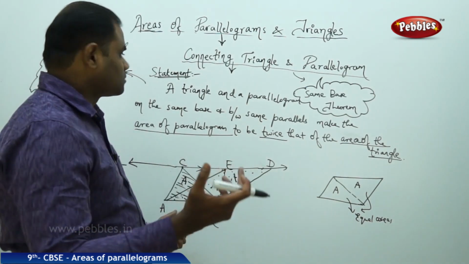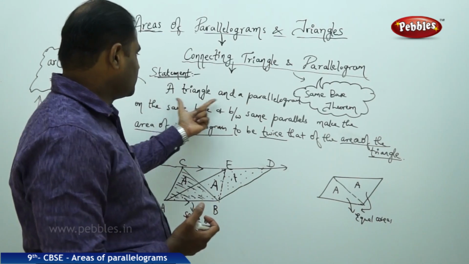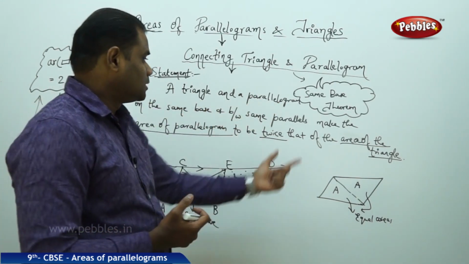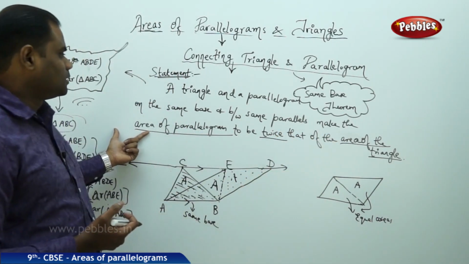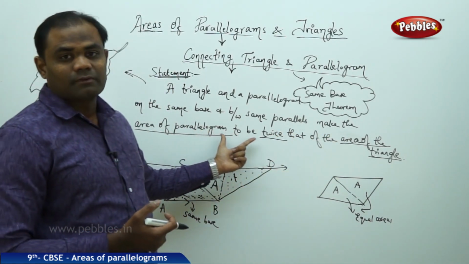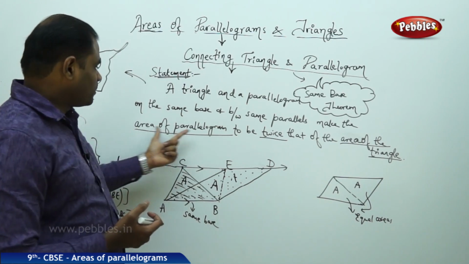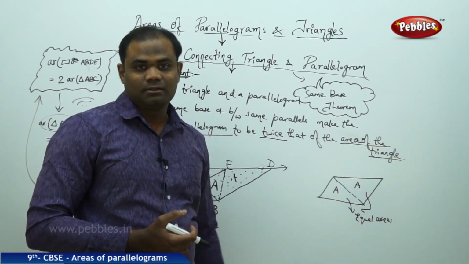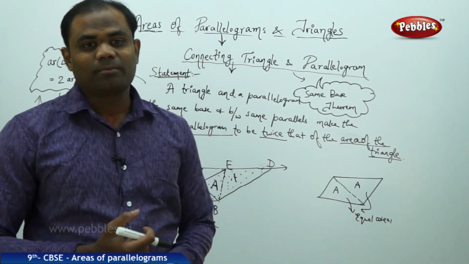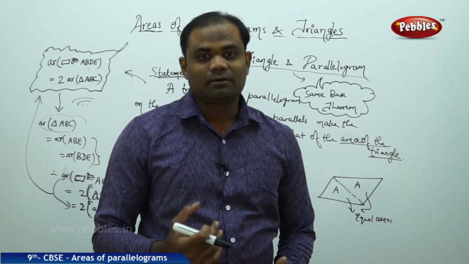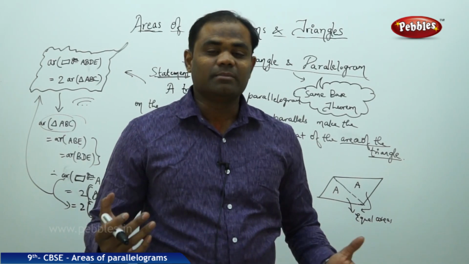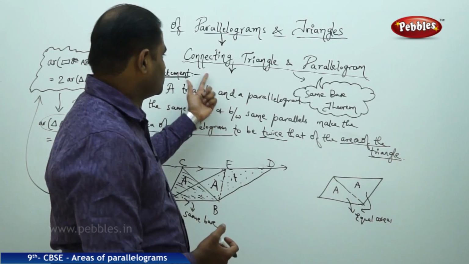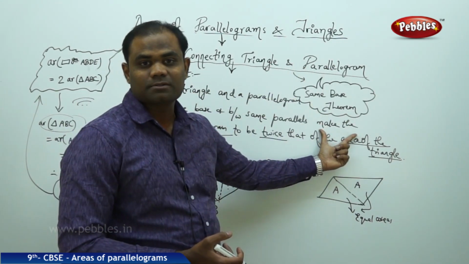Therefore, we come to the conclusion that if there is a triangle and a parallelogram on the same base and between same parallels, the area of the parallelogram is exactly twice the area of the triangle, is how we understand the property connecting the triangle and the parallelogram in the same base theorem.